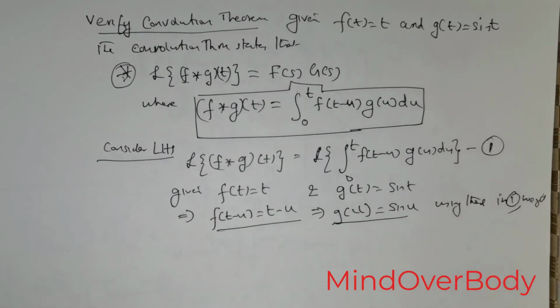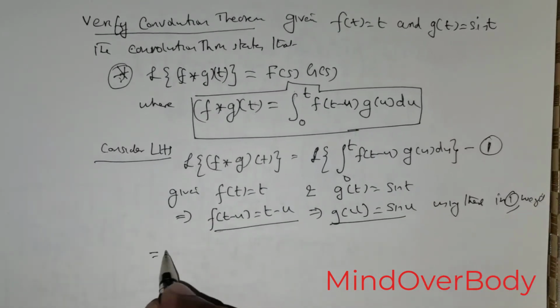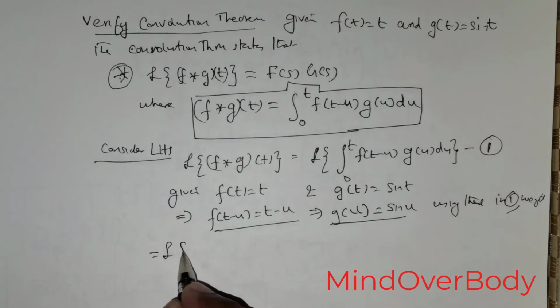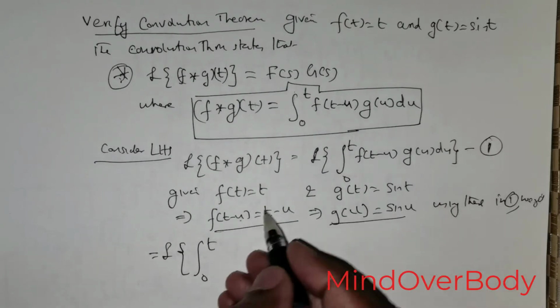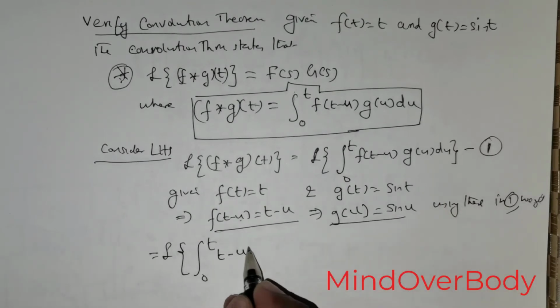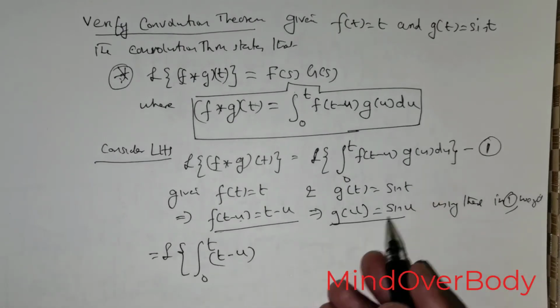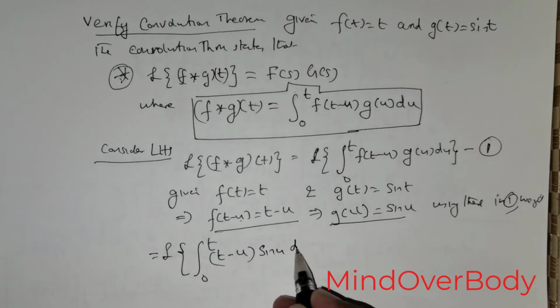so what do we get? This would be the Laplace transform of the integral from 0 to t of f of t minus u, substitute t minus u, and g of u is going to be sine u du.